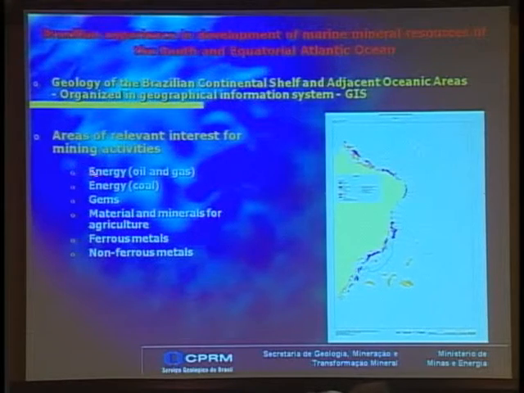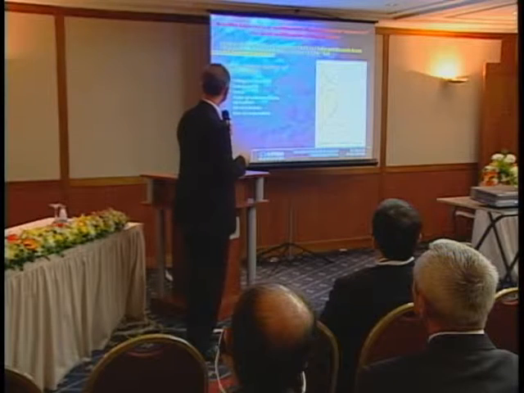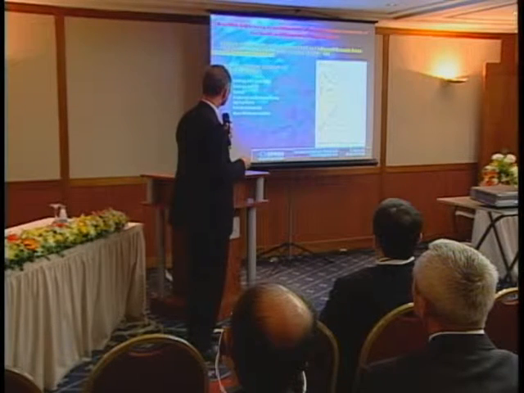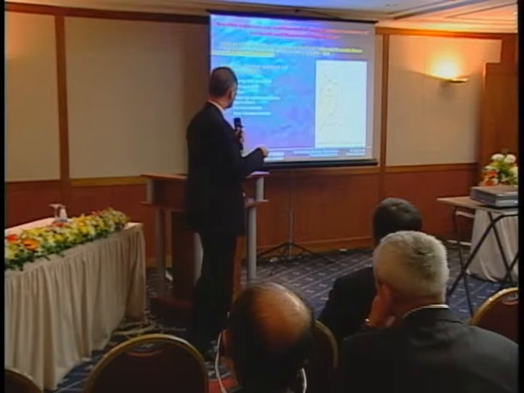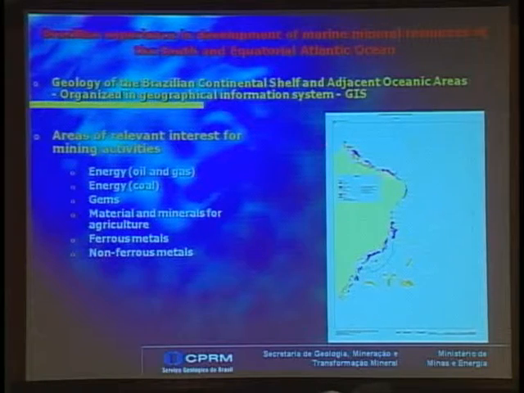We produced also a map of the areas of relevant interest for mining activities. It's just a way we have to show that this area is important for mining activities. Then we can talk with people from the environmental area. We can compare if we have protected areas around it. So it is important.